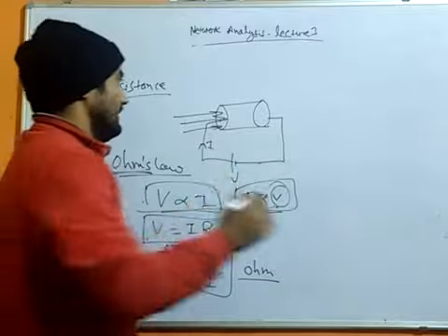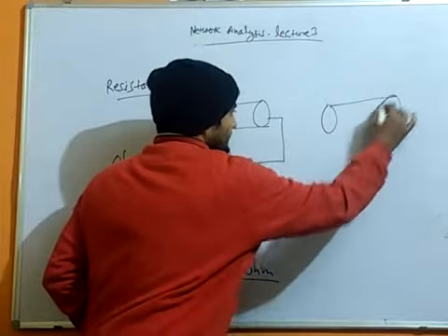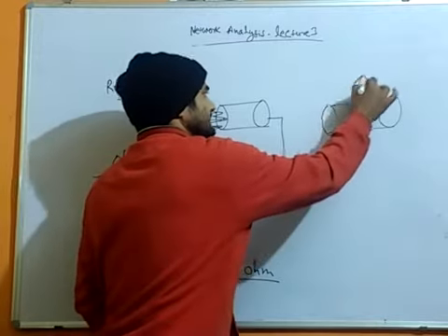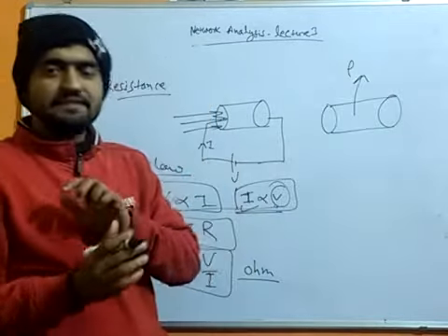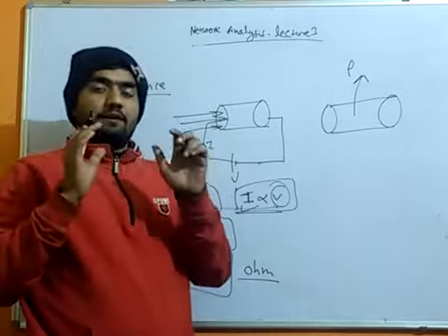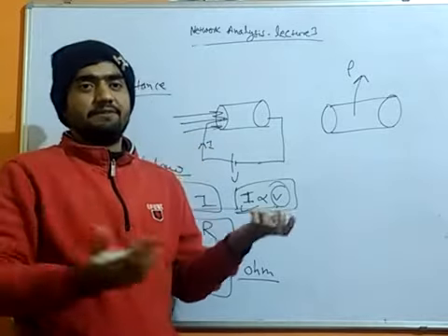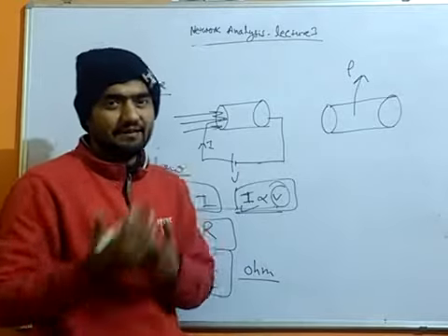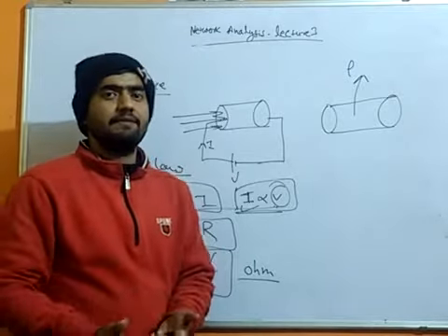Now if we take the cross section and its resistivity, the resistivity depends on the material. If we take copper, its resistivity will be different, and if we take iron, its resistivity will be different.